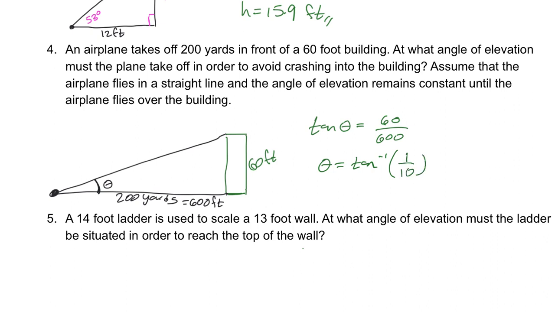On my calculator, second tangent of 1 over 10, and that should give you an angle of 5.71 degrees. So that means that at that angle, the plane is going to be at this point at 60 feet. So it has to be greater than 5.71 degrees.